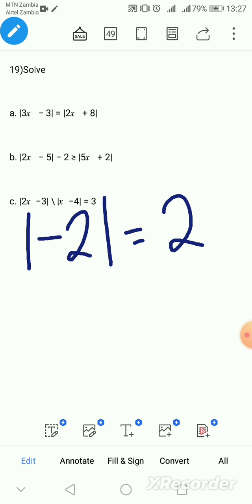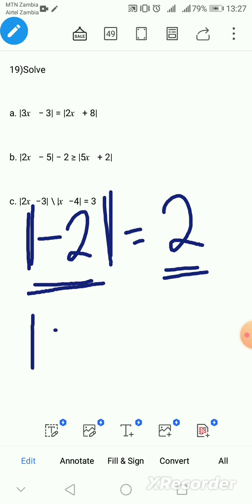For example, if we get a negative number like -2 and we place it in a modulus like this, it simply means our answer is +2. Even if we get a positive value, for instance +3, we write it between straight lines like that, meaning we want the modulus or the absolute value of +3.